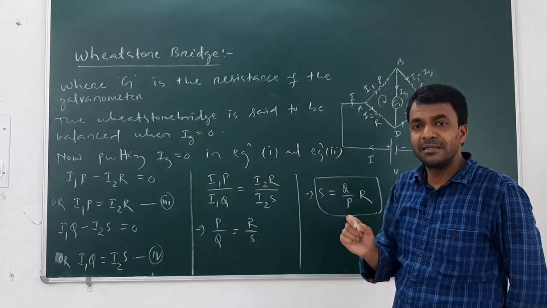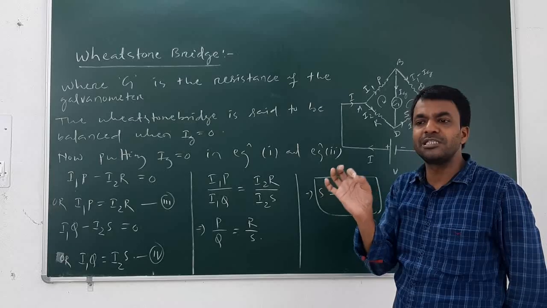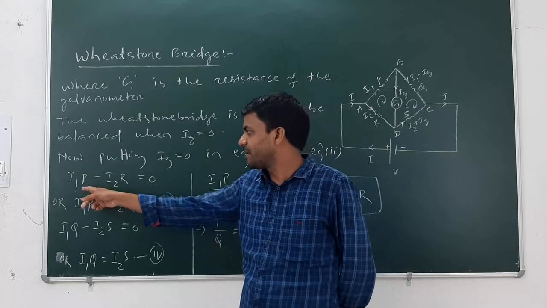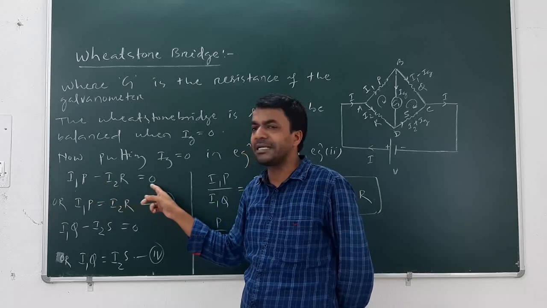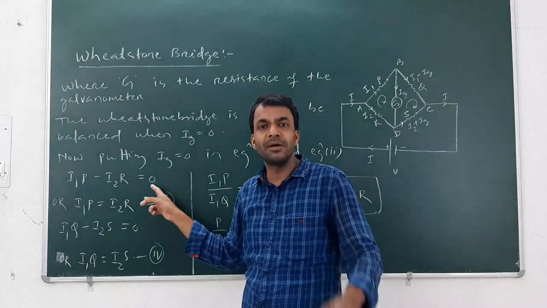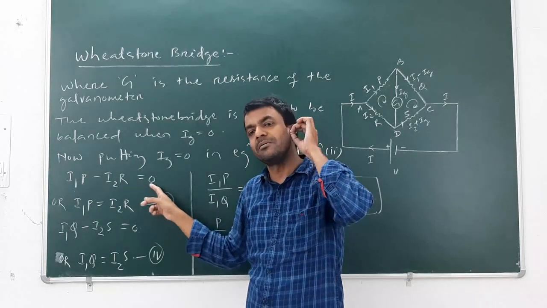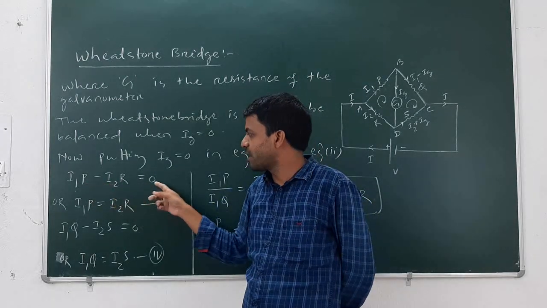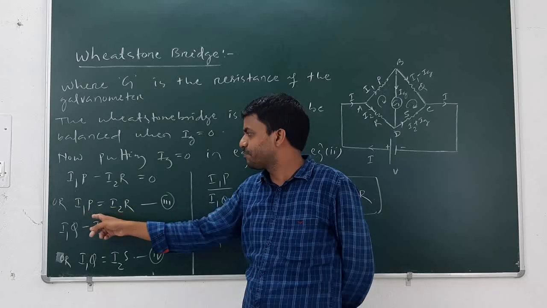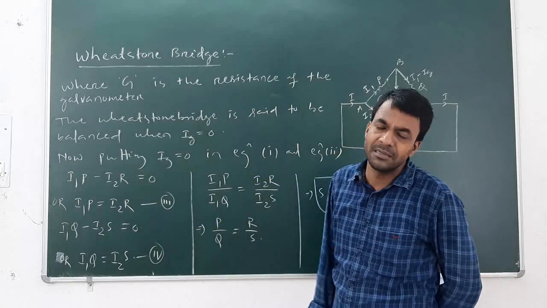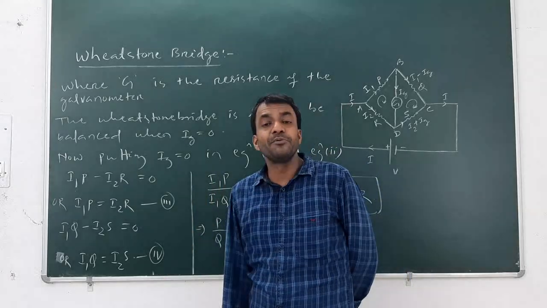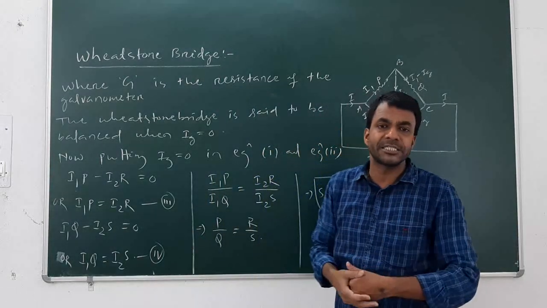By putting the value of Ig equal to 0 in equation 1, it becomes I1P minus I2R equal to 0. Now I1P minus I2R equal to 0 means I1P is equal to I2R. This is equation 3. Now I will put Ig equal to 0 in equation 2.